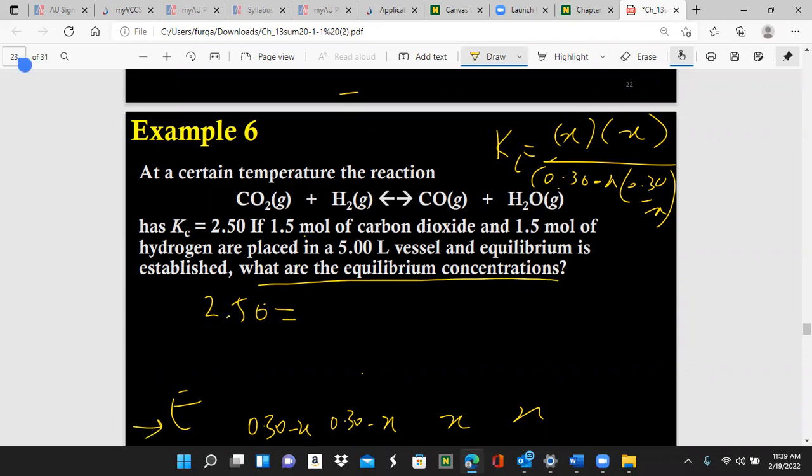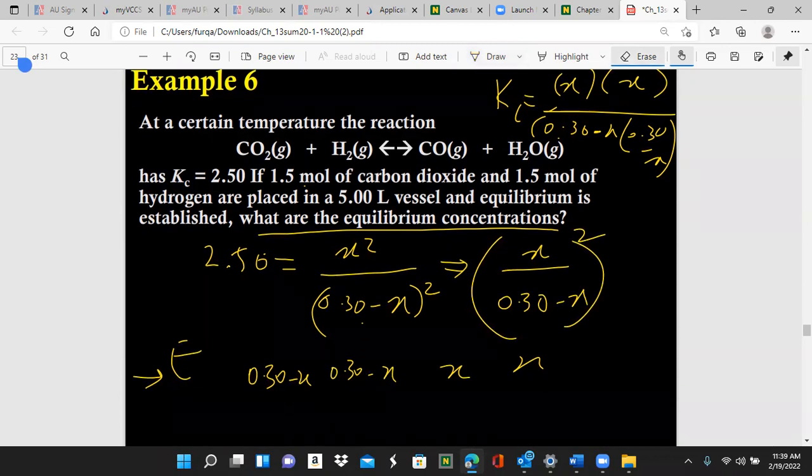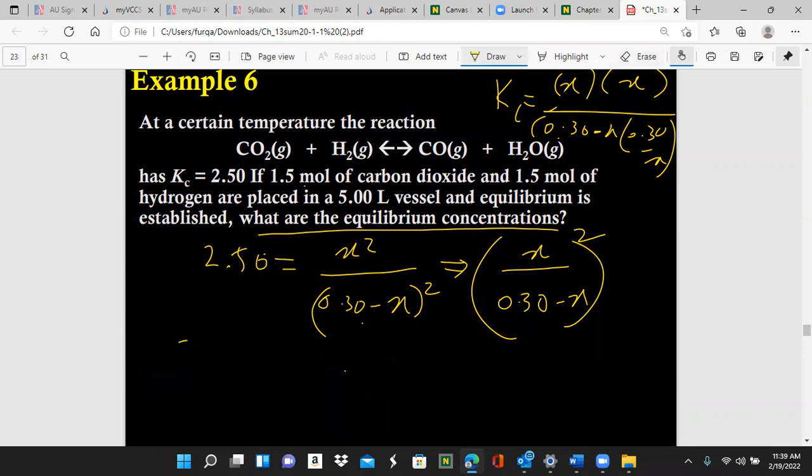So the top becomes x squared and the bottom becomes 0.30 minus x, all squared. In order to solve that, we can take the square root on both sides, so the square root of 2.50 equals x over 0.30 minus x. We do not really need to use the quadratic equation every time.